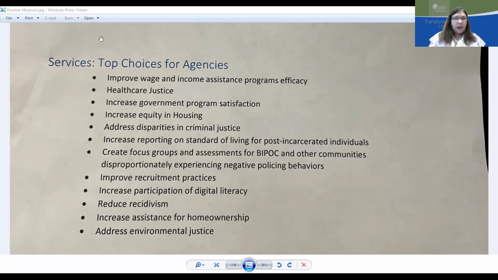So with this new information, our top 4 are the ones that we just mentioned. Our top is number 4, which would be increase equity in housing. So do we want to collectively kind of talk about that and why that one kind of bubbled up to the top?